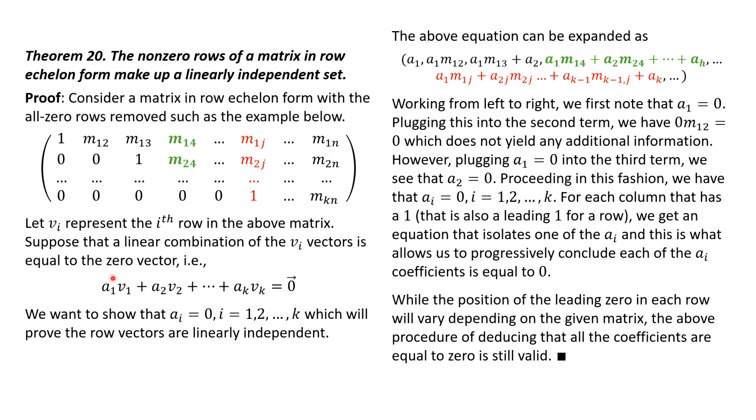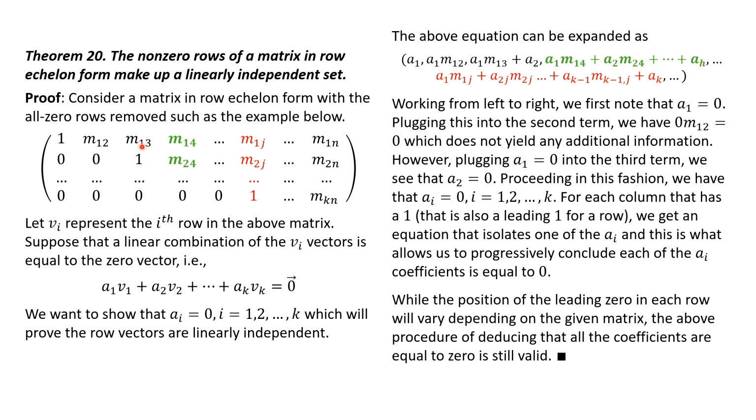So it's just a matter of multiplying this out, which is a little bit hard to see, but the first component, this is just one vector, keep in mind, when you add all these together. So the first component only is going to have an a1. Everything else has a 0 in that position, so you get a1 for the first component. Then the second component has a1 times m12.